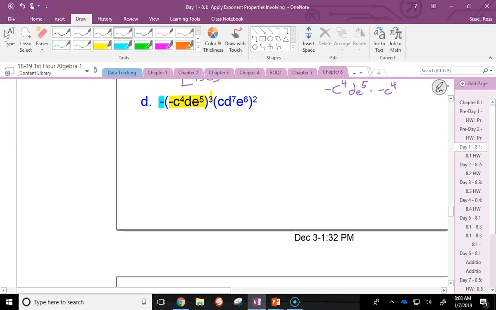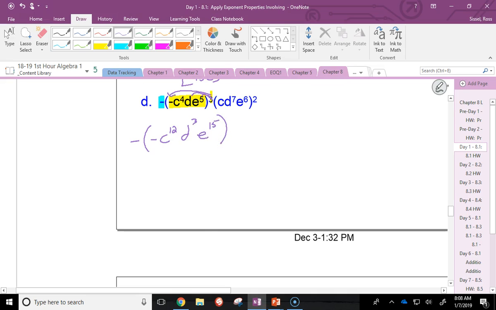So we could write this down 3 times, or we can go ahead and distribute this. When I do, I'm still going to have a negative out here, and I'm going to put this in parentheses. I'm going to have negative c to the 12th, d to the 3rd, and e to the 15th.